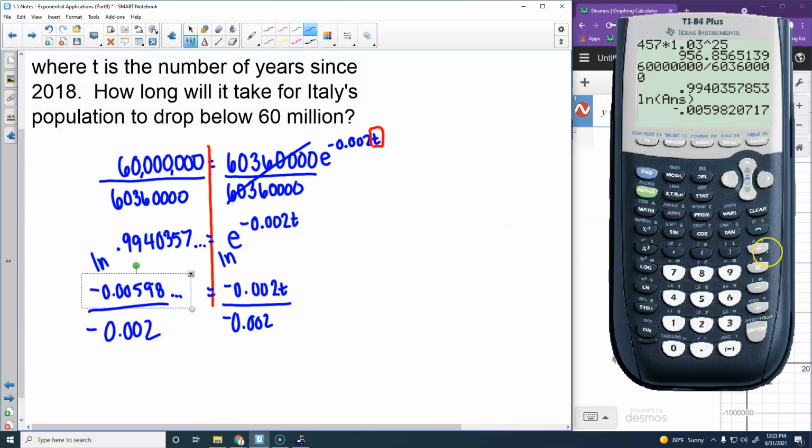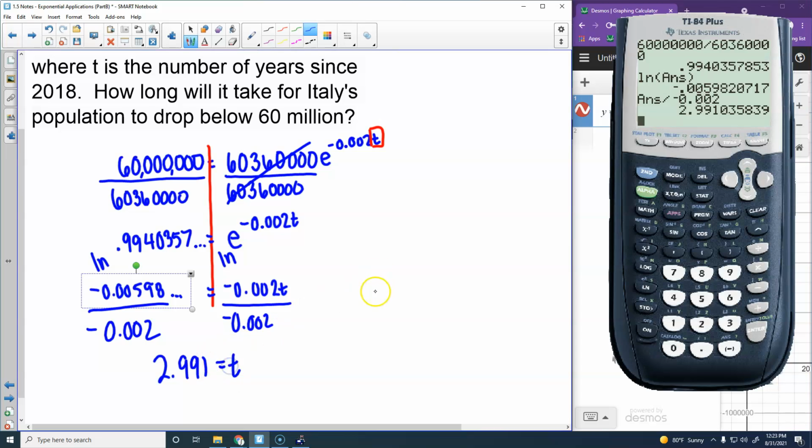And so if we do that, we are going to get 2.991 for our t. So 2.991 years.